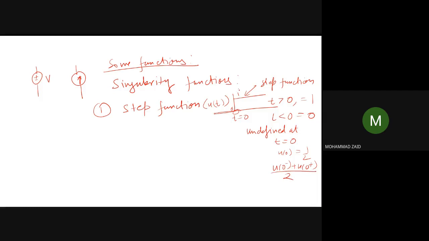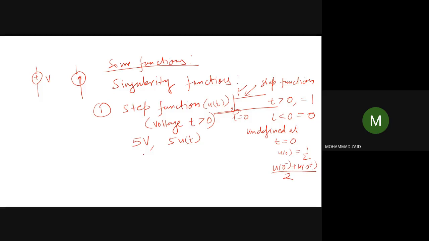We will be using this function for applying the voltage at t equal to 0. The significance of this function is that we will represent voltage which is applied for t greater than 0 from this function. What is the difference between 5 volt and 5u(t)?